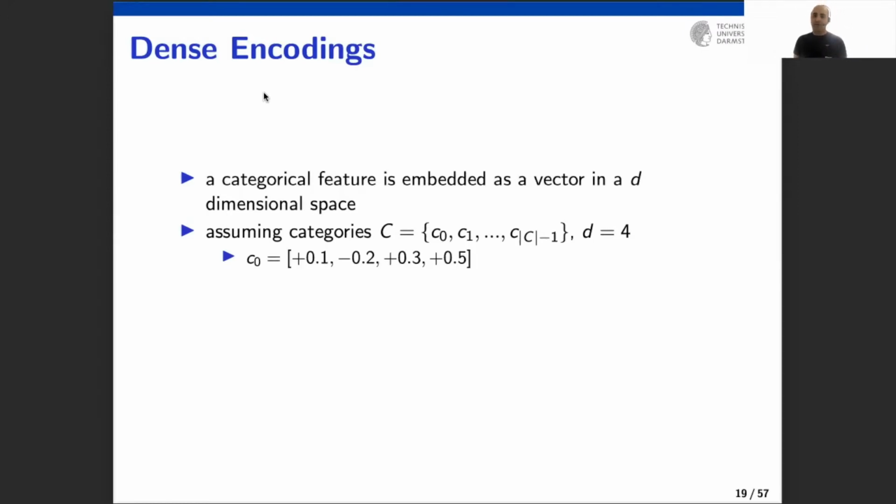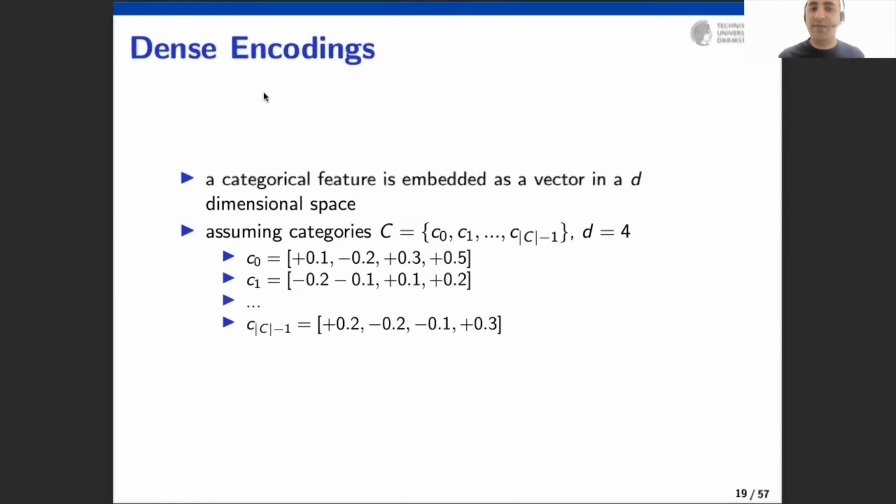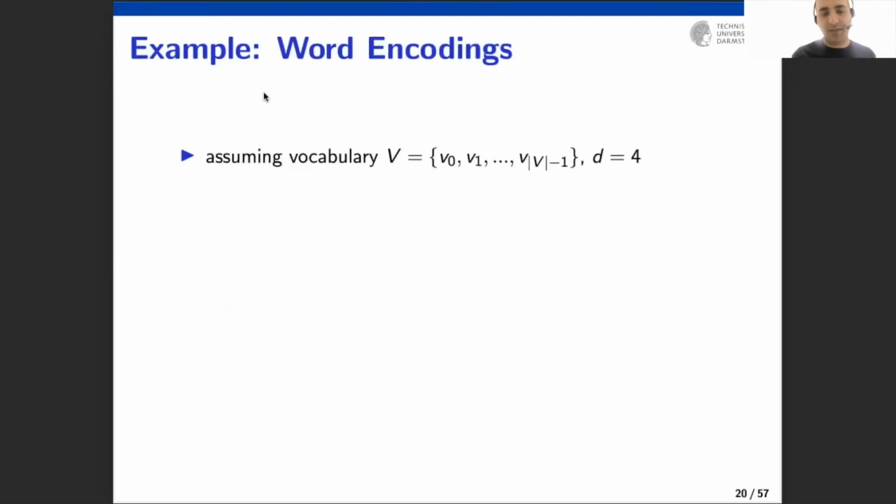So if you want to represent each category by a vector with length 4, we can just assume that C0 is assigned this vector, C1 is assigned another vector, and the last category is assigned another vector. So the point is that you represent each category with just a vector of numbers with length d. Very easy.